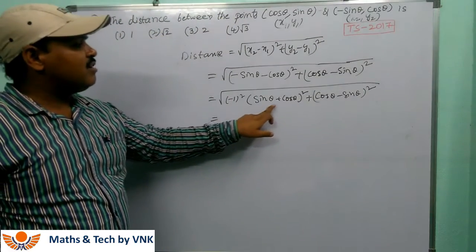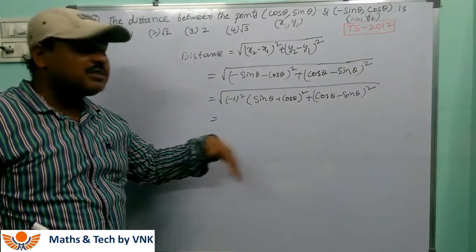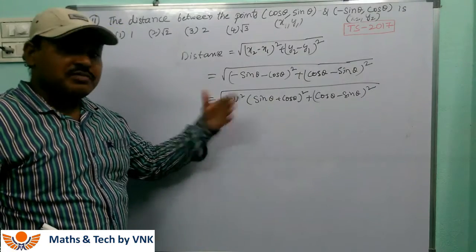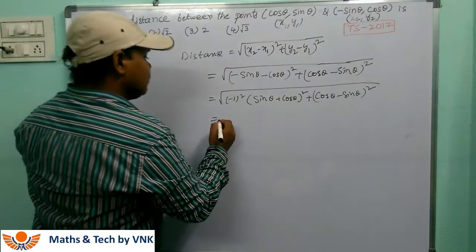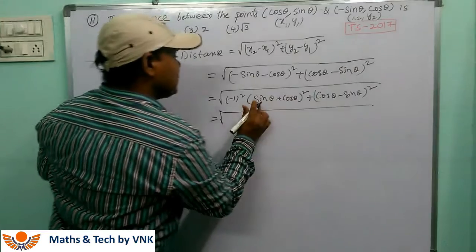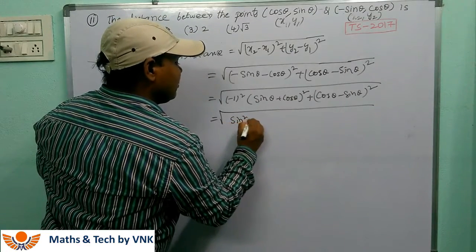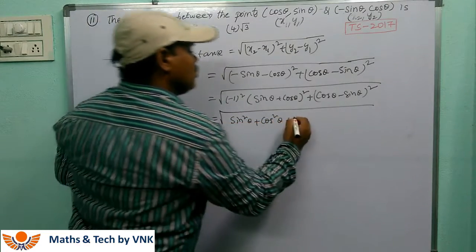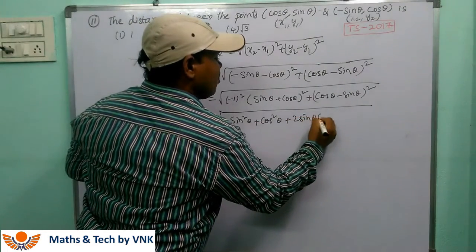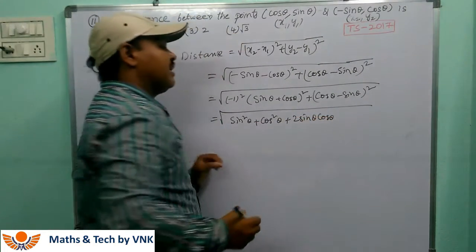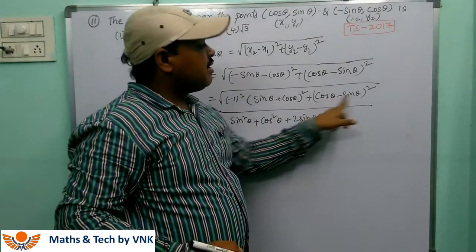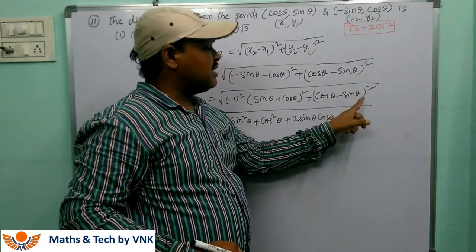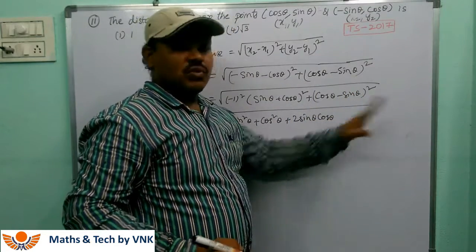So (sin theta plus cos theta) whole square, that is (a plus b) whole square is a square plus b square plus 2ab. Using this formula, sin square theta plus cos square theta plus 2 sin theta cos theta. Next, (a minus b) whole square is a square plus b square minus 2ab.